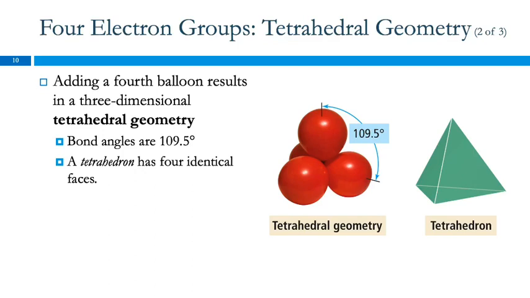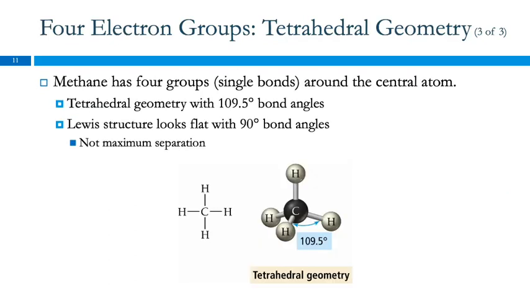It's a polygon that has four corners. Tetra means four. We have four electron groups. It makes a tetrahedron. The tetrahedron has four identical faces. They're equilateral triangles. So when we have four electron groups, and they're trying to get away from each other, they'll make a tetrahedron.